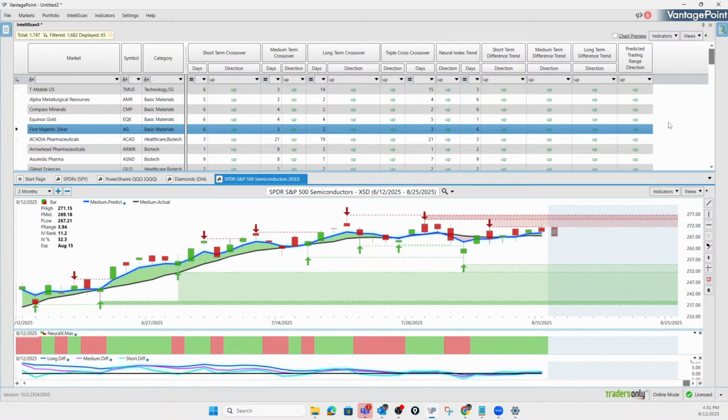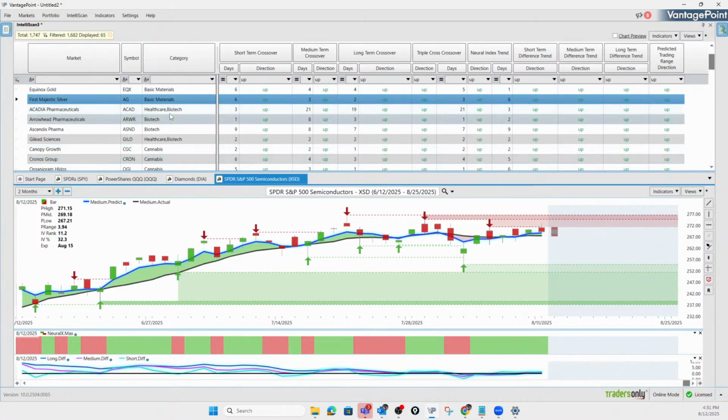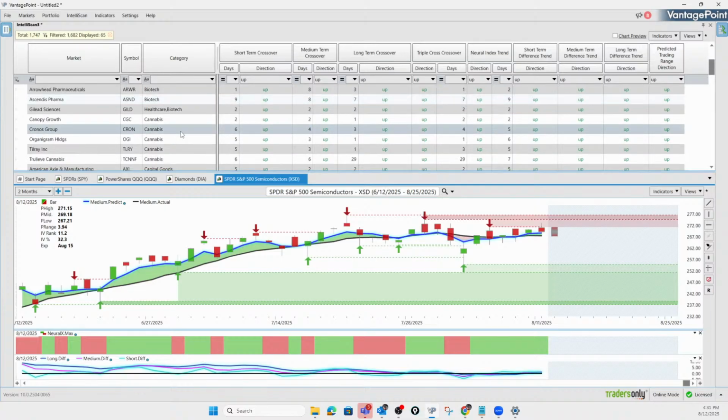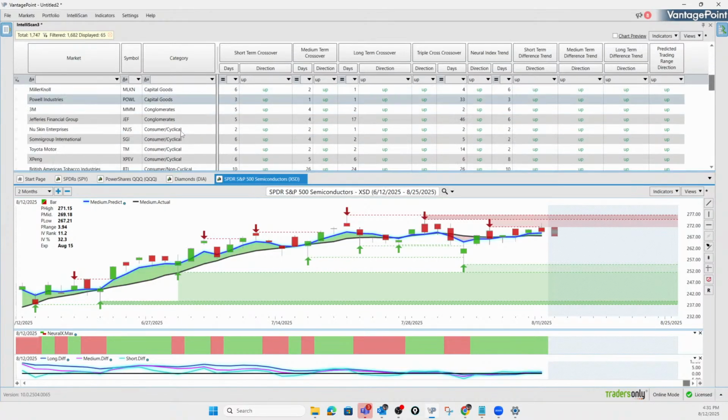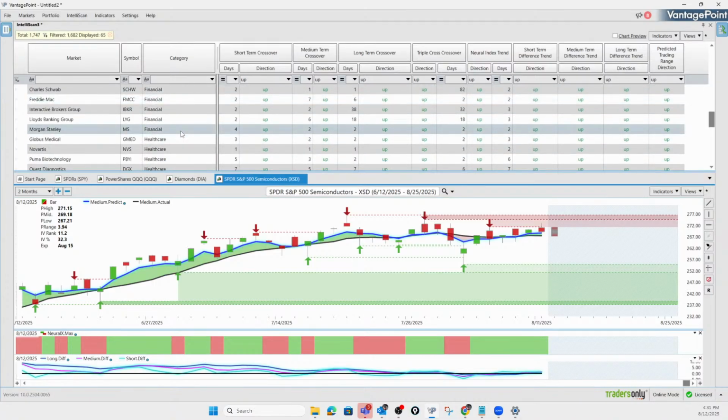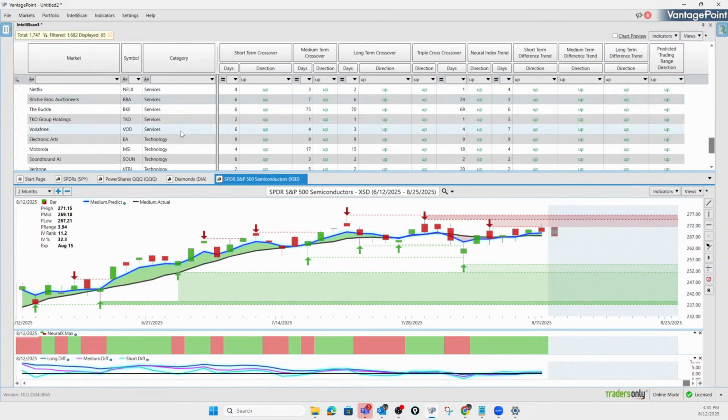All right. So now that we see we have category added to our IntelliScan, I'll just open that up. And here we see the breakdown of where these assets reside. What sector do these markets come from? So now you can focus on those areas that are really starting to trend or have good money movement from that sector assessment, right?